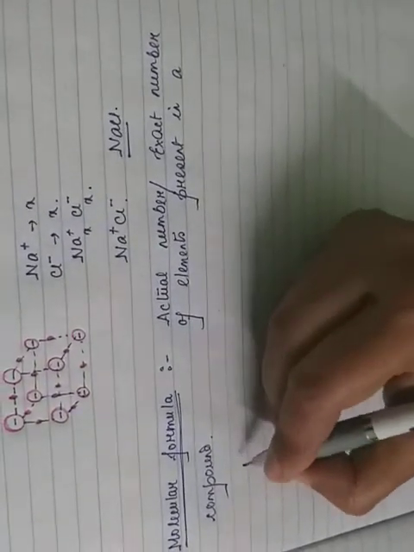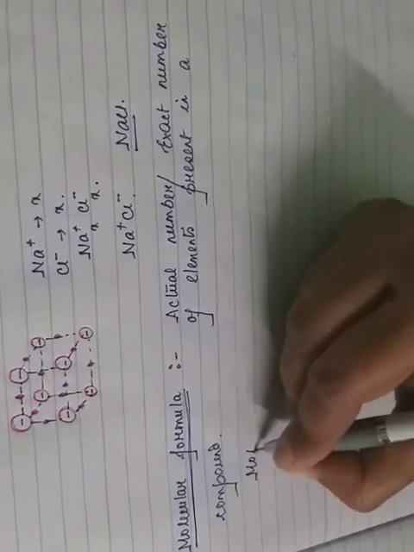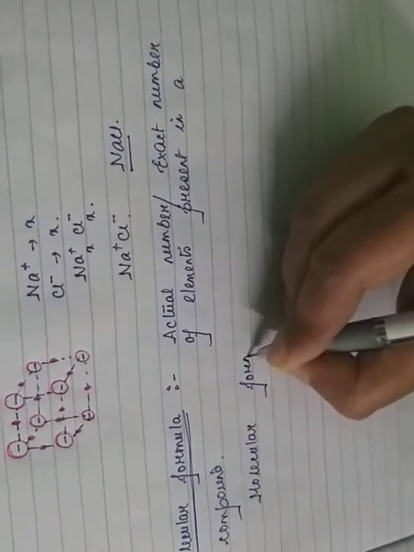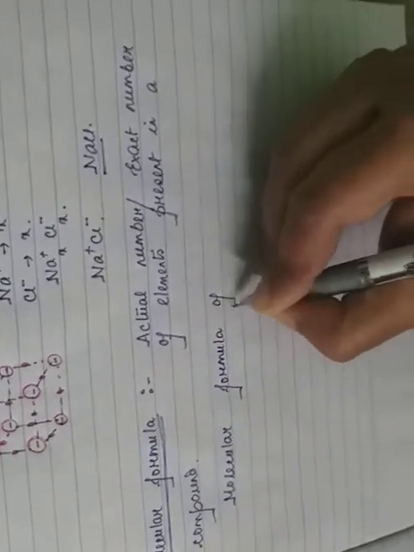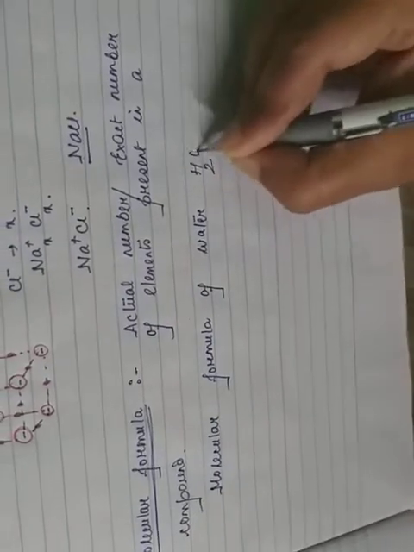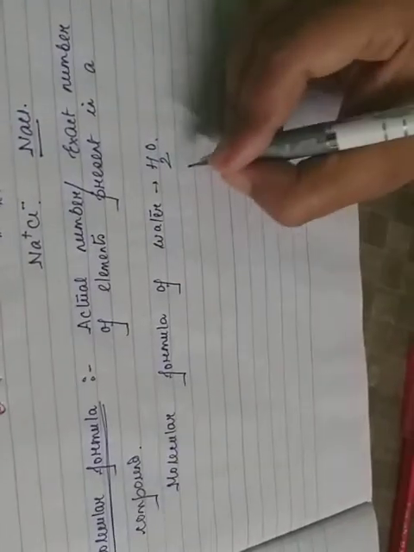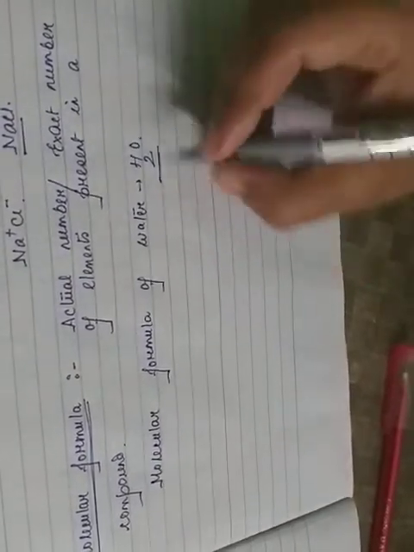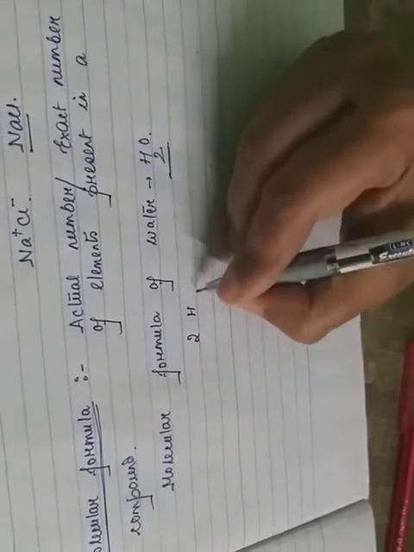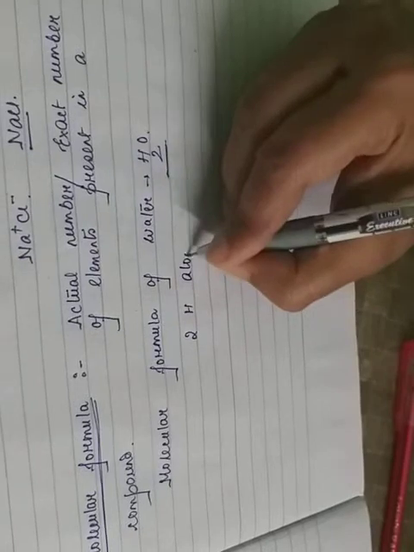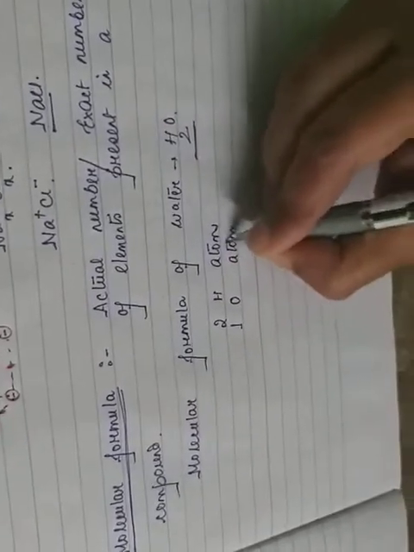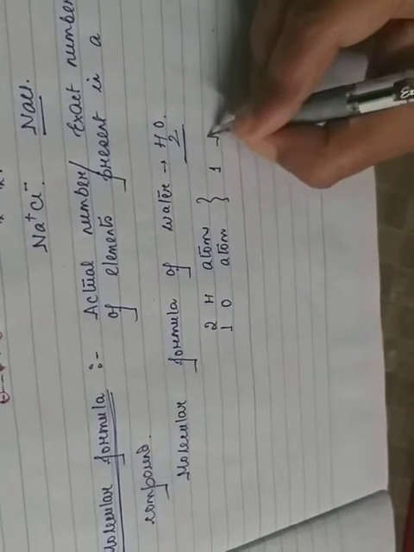So if we say that the molecular formula of water, well known, is H2O, then it means in a particular molecule of water we have 2 hydrogen atoms and one oxygen atom.